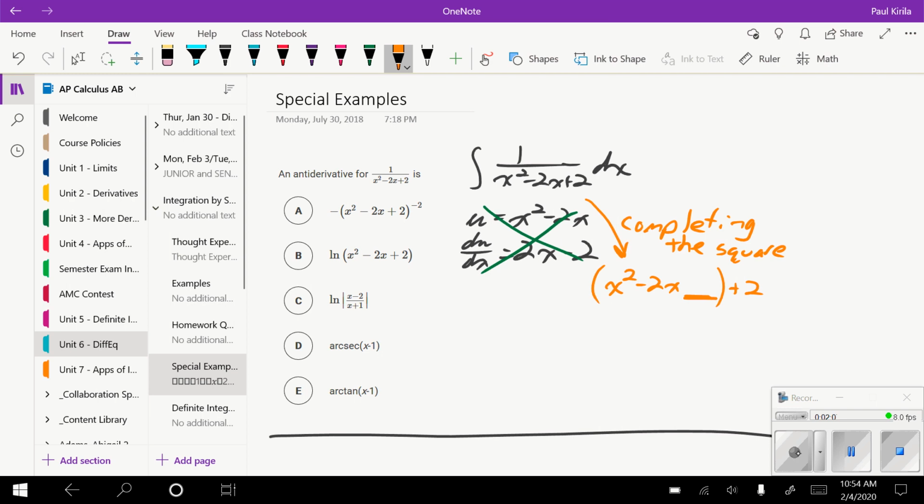Well, the way we do this is we take this part, and I'm going to divide by 2 and make that whole thing negative. It's the negative b over 2a type idea from the quadratic formula, which would mean this would be plus 1. Well, that means that I now have x minus 1 squared.